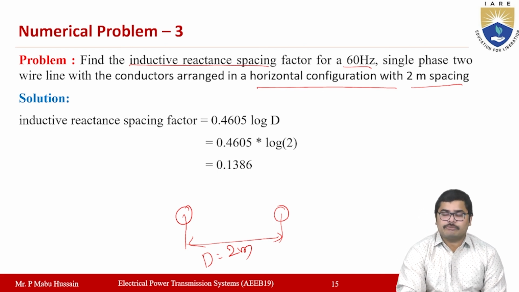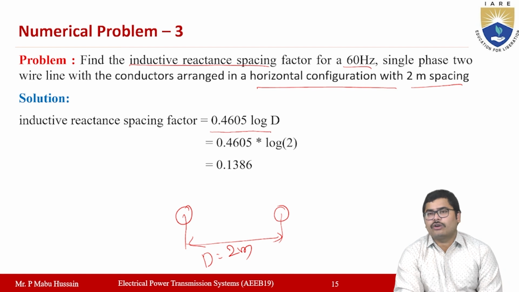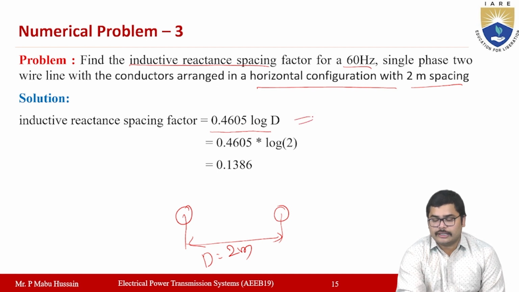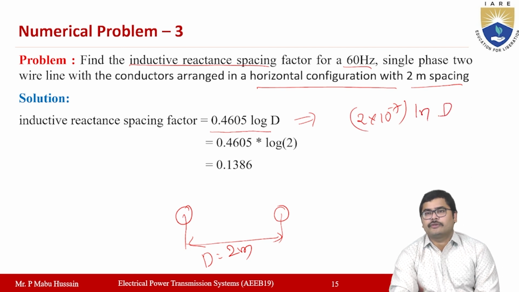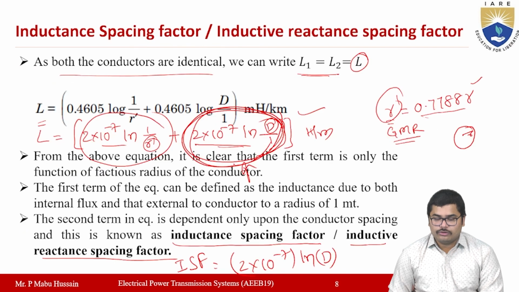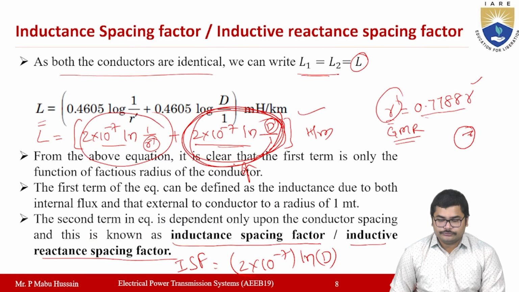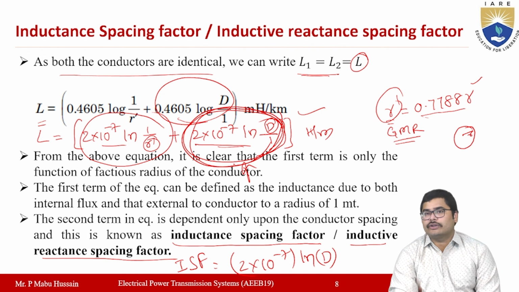The formula for the inductive reactance spacing factor is 0.4605 log D, or you can even take it as 2 into 10 power minus 7 log D. Both are the same. The second term in this expression is your inductive reactance spacing factor.